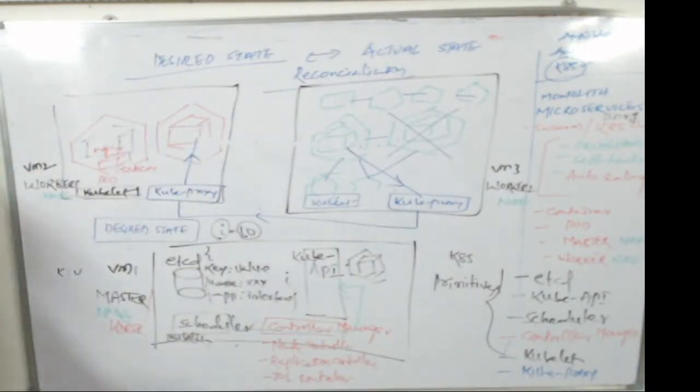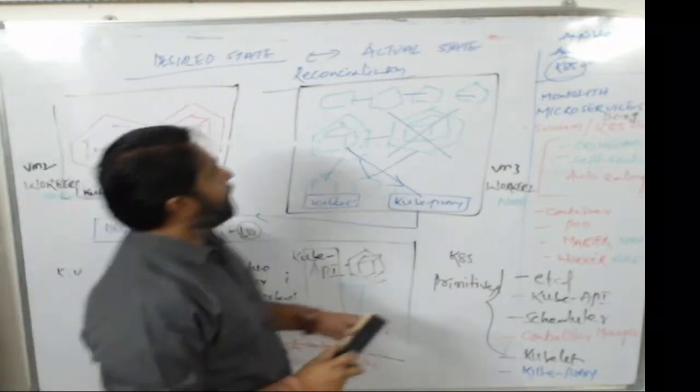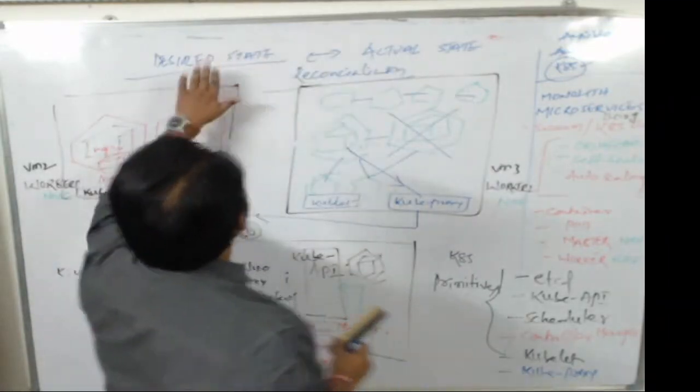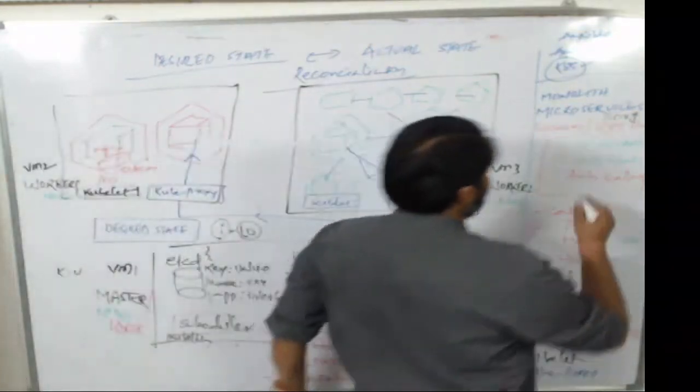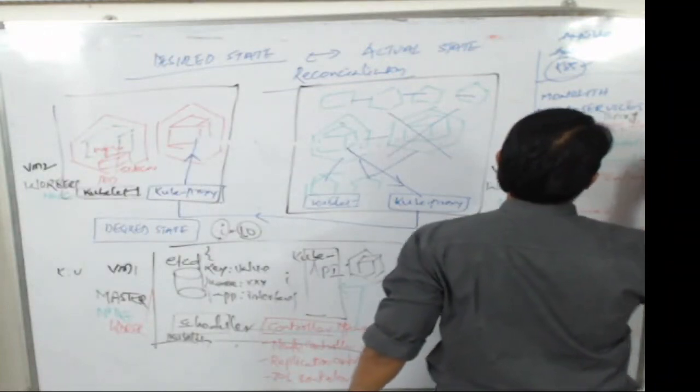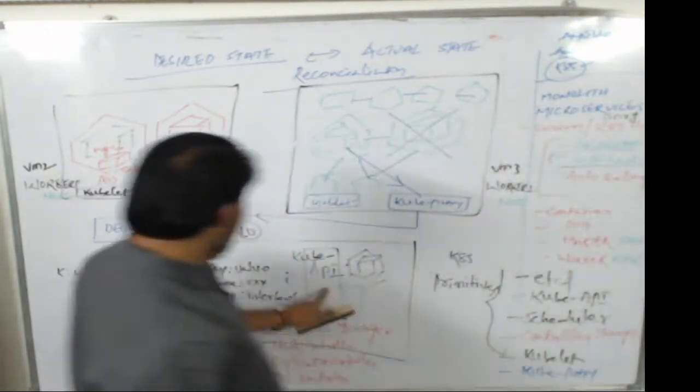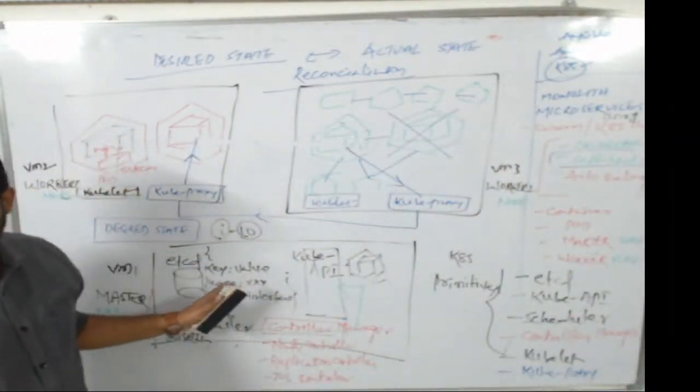So Kubernetes clusters reconcile the actual state into desired state, always, because of its self-healing properties. If something goes wrong, it will heal it. If you change something, it will modify it.